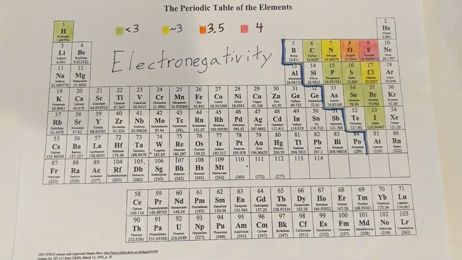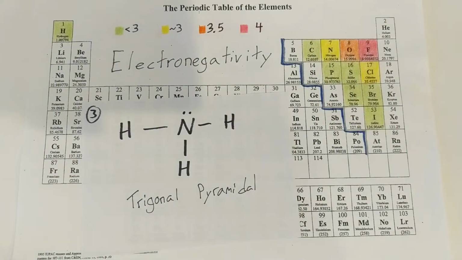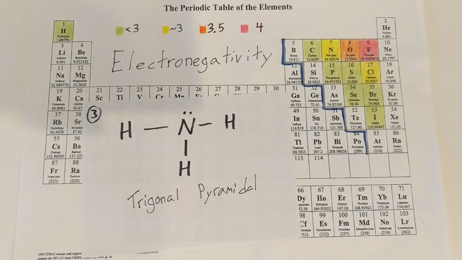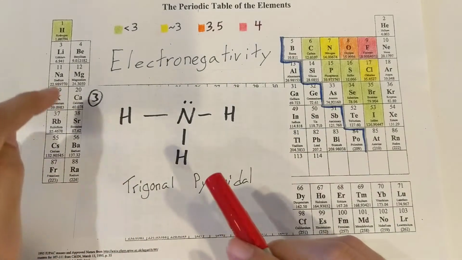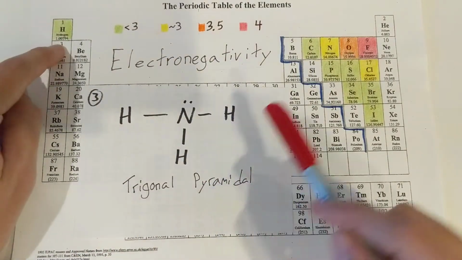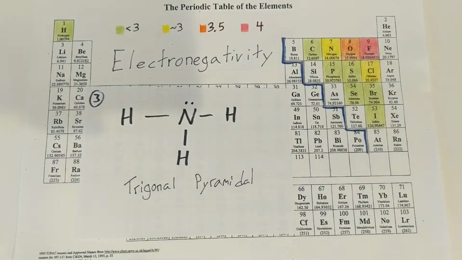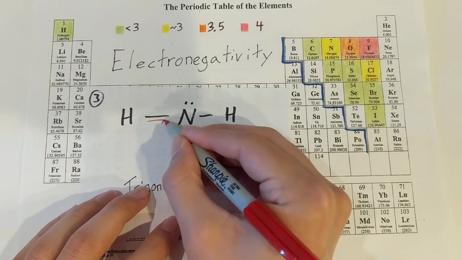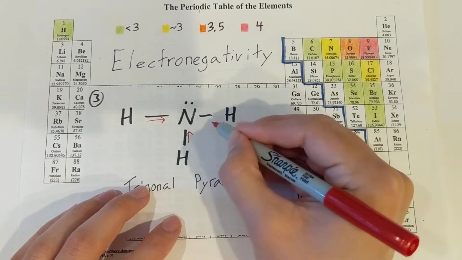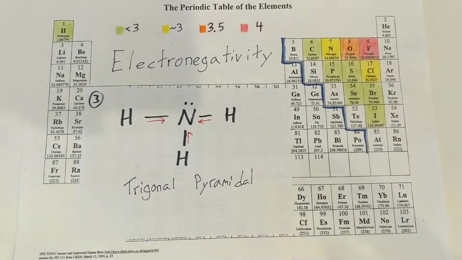All right, move into 3. All right, so this one is Trigonal Pyramidal. If we want to take a look at these bonds, hydrogen and nitrogen, nitrogen has that higher electronegativity. So between the hydrogen and the nitrogen, that nitrogen is going to be pulling those electrons towards it.